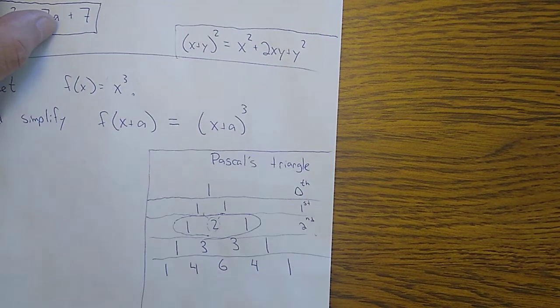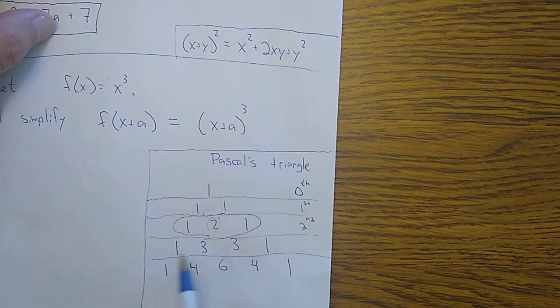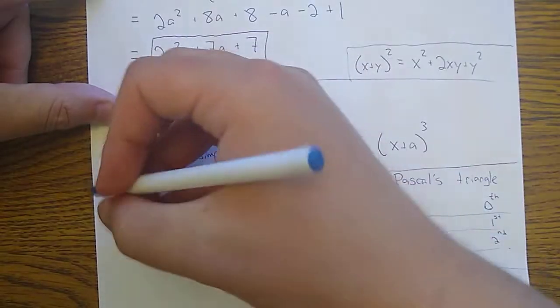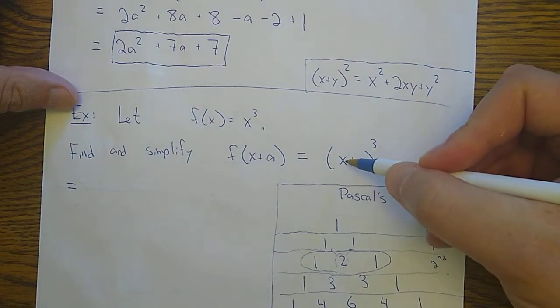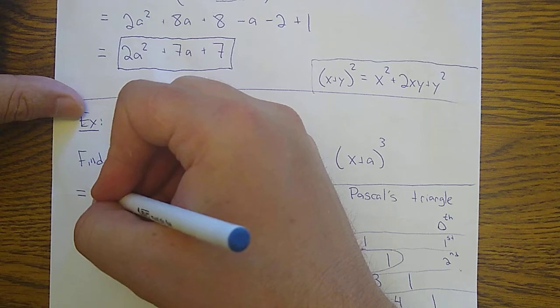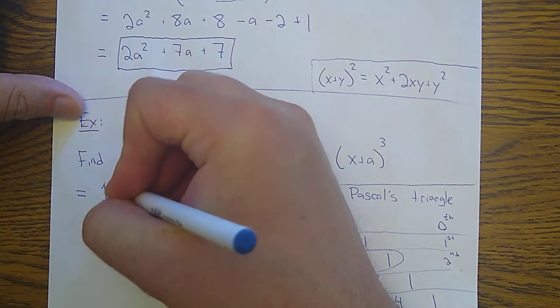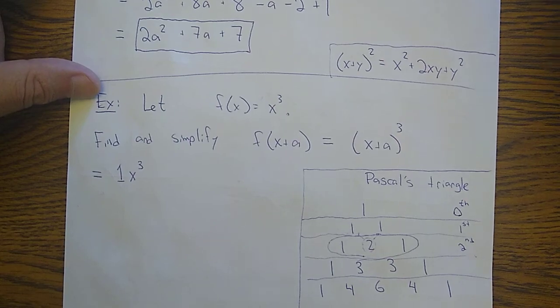So what I'm telling you, to make a long story short, is if I want to do x plus a cubed, I should look on the third row. And I start with 1 times x cubed. Of course, I don't have to write the 1, but I just want to show the pattern.